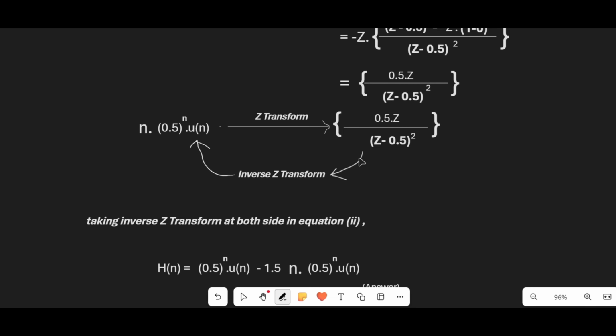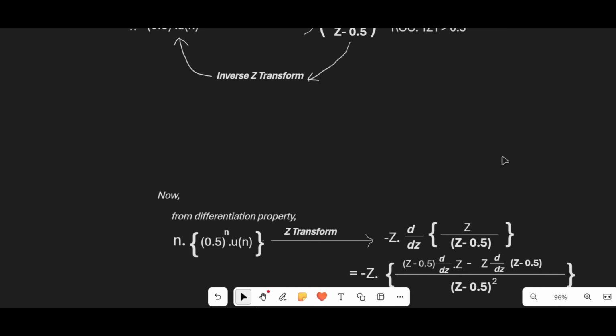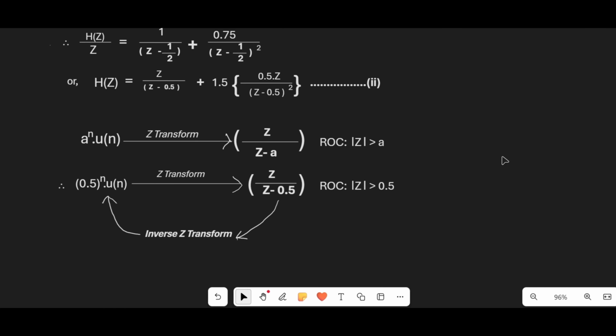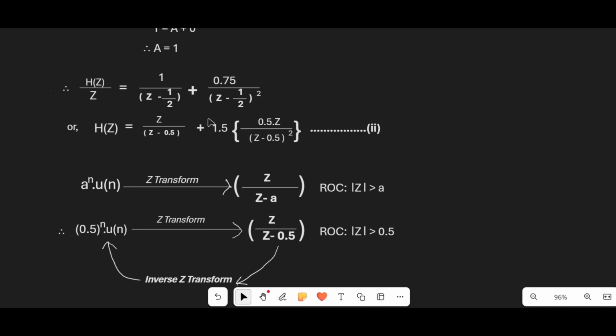That's why the inverse Z transform is n into 0.5 to the power n into u of n. That means this is the second portion of equation 2.